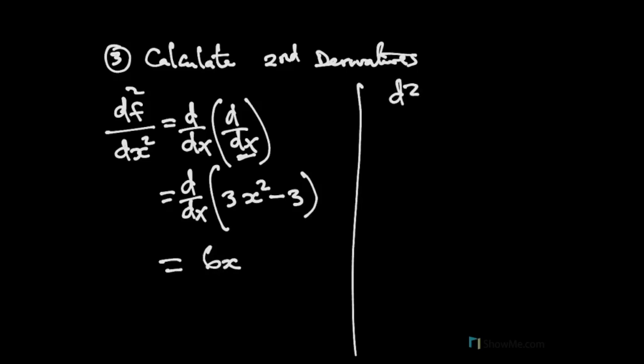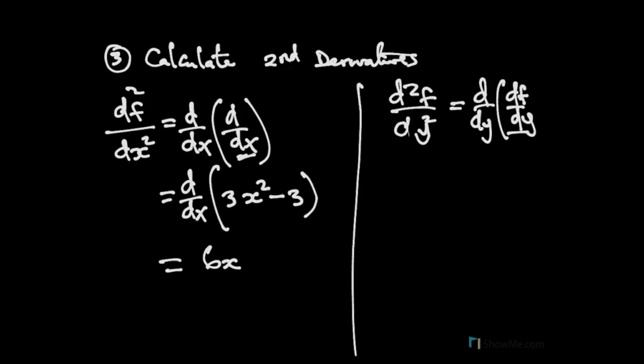Let's do the y. So this is the same as saying d of f by dy. So we have known that already. So the derivative of 2y with respect to y will be equal to 2.